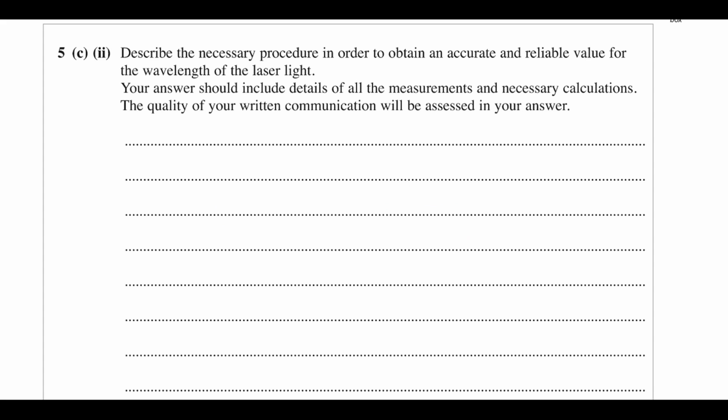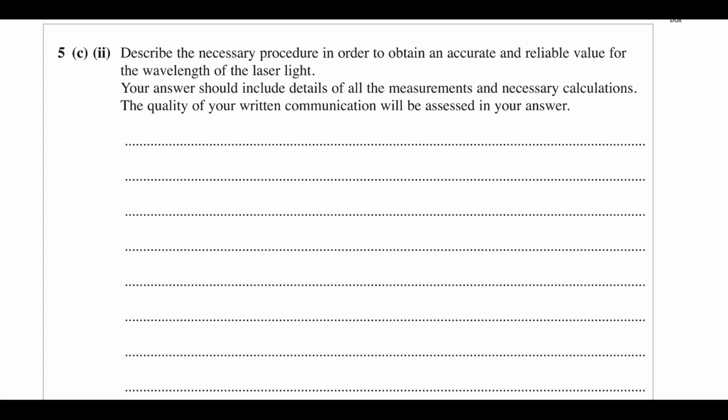Oh, what a surprise. Describe the necessary procedure to obtain an accurate and reliable value for wavelength of the laser light. You should include details of all measurements and necessary calculations. Generally, accuracy is about eliminating errors, so we're going to be doing it in a darkened room, so the fringes are clear, so you can measure from center to center on them.